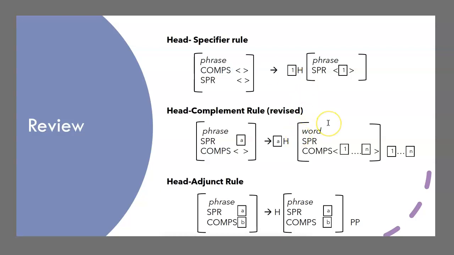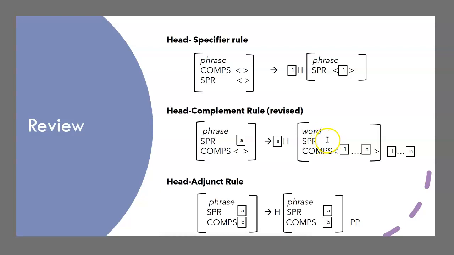Similarly, when you look at the complement rule, the specifier value, in fact I have missed the index here, which is actually identical with this. The A is a specifier here, the specifier has to be here. So I missed the index here.